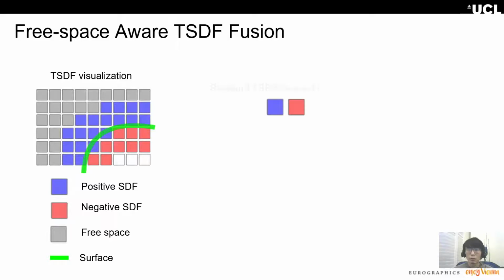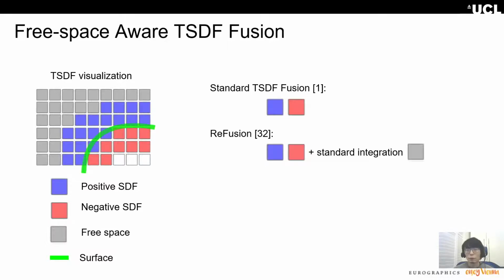Recall that in a standard TSDF fusion, we only record voxels inside the truncation region, which is marked in blue or red color here. In the previous work, ReFusion, they also integrate voxels that have positive SDF value. Although this approach can also smooth out noise, it will take many frames to average out the noise.